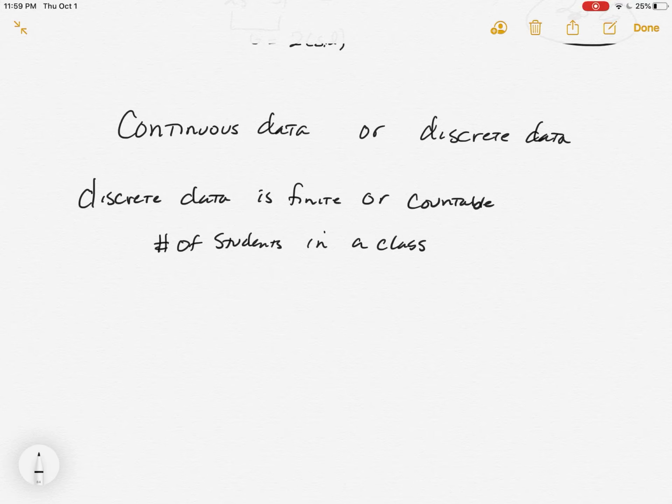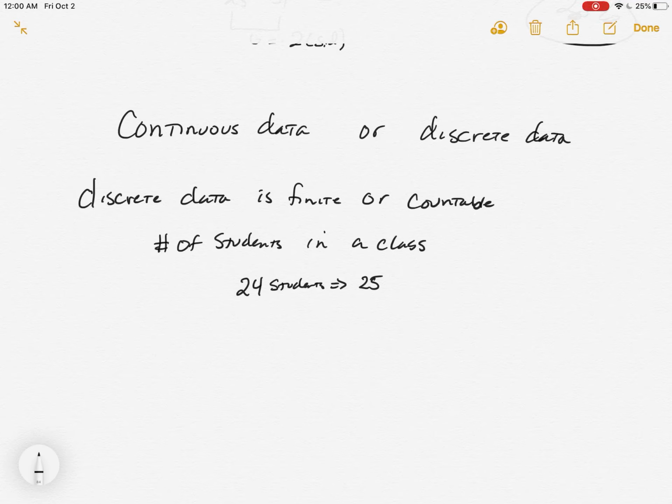Because if I told you there's 24 students, do you know the very next one? And the answer is yes. The very next one is 25. That's discrete data. If you can tell me the very next one, then it's discrete.